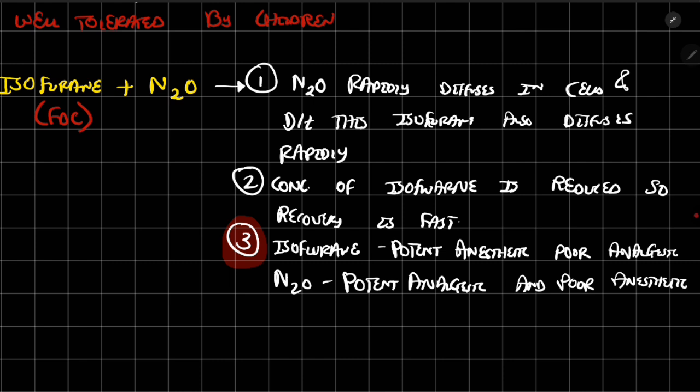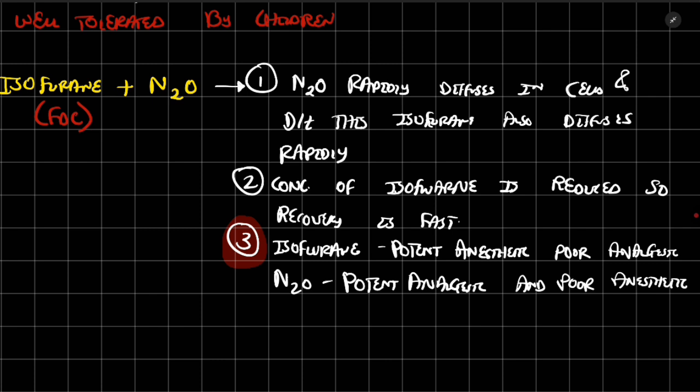And now the FDC is clear: if we combine the two drugs, we get a potent anesthetic as well as a potent analgesic. Okay, so this was the most important point why these are given as FDC. A synergistic effect is observed in this combination.